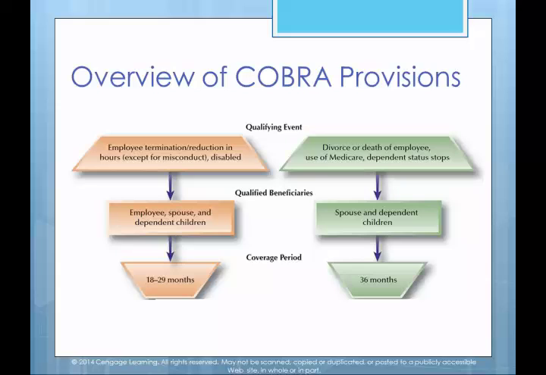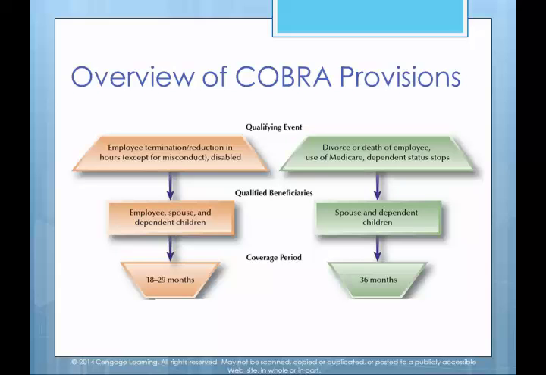Now let's talk about COBRA. COBRA, the Consolidated Omnibus Budget Reconciliation Act, requires that most employers with 20 or more full-time and/or part-time employees offer extended health care coverage to certain groups of plan participants.